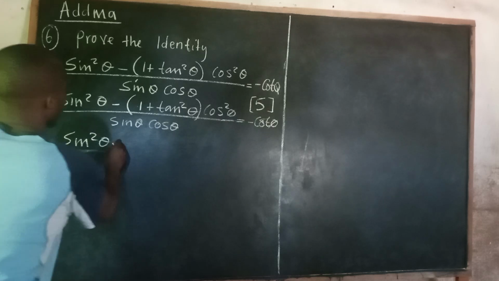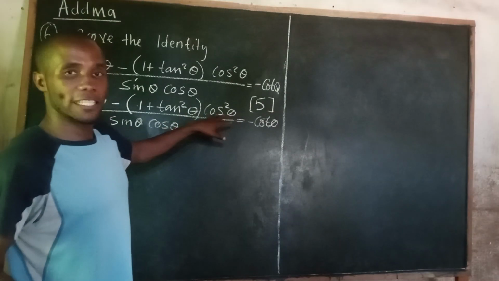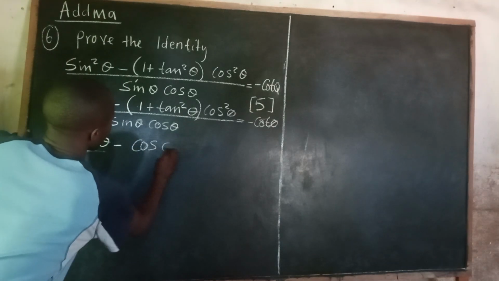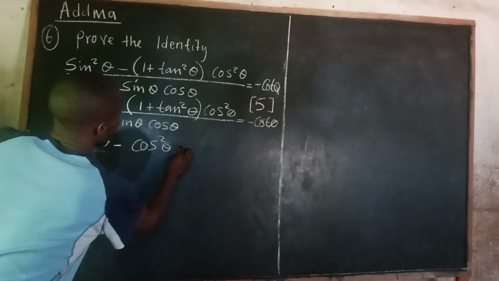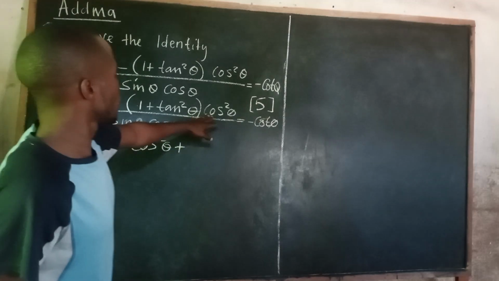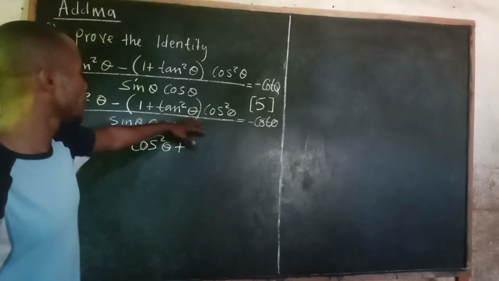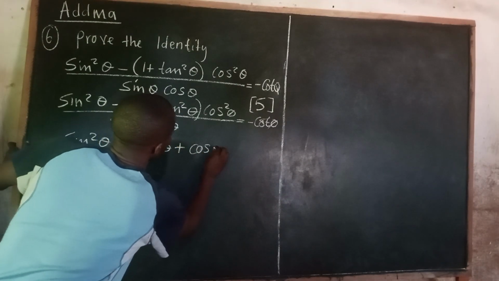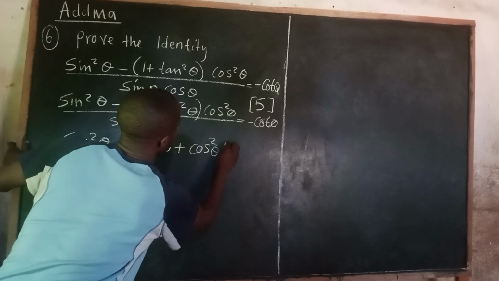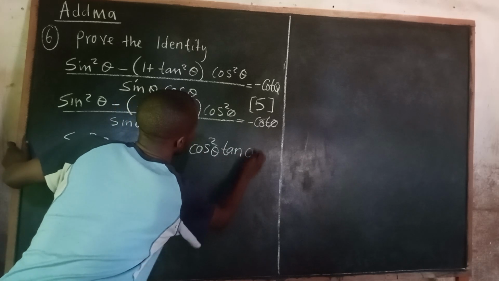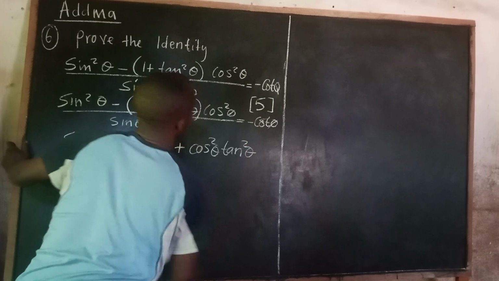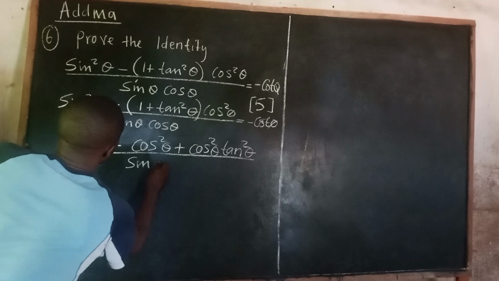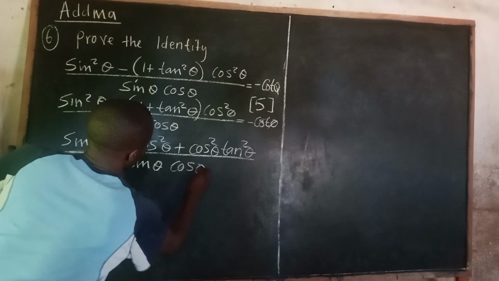Minus, cos theta squared times 1 is cos theta squared, then plus cos theta squared times tan theta squared, the answer is cos theta squared tan theta squared, all over sine theta cos theta.